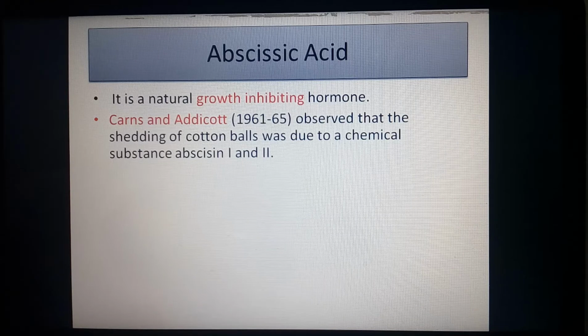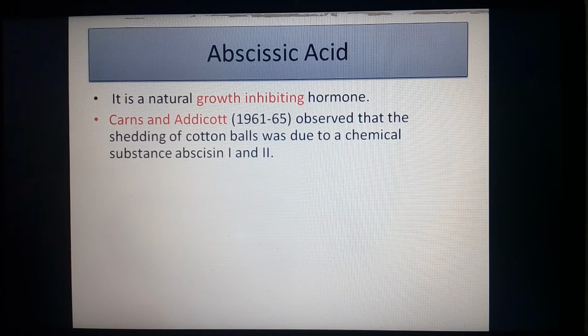What happens in the field of cotton plants: as the plant starts to show growth, and on the plant body there is a formation of cotton balls after flowering, instead of forming cotton, those cotton balls fall down from the plant body.